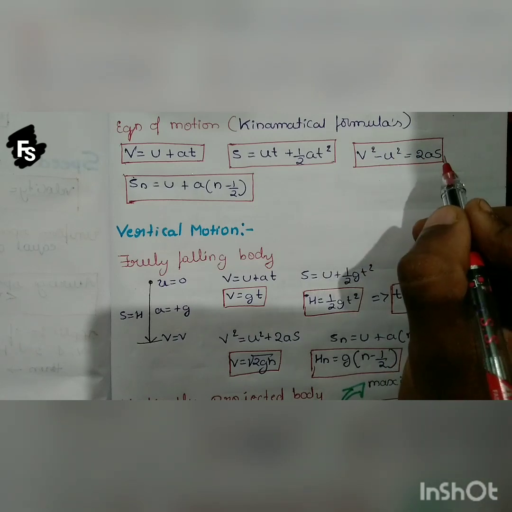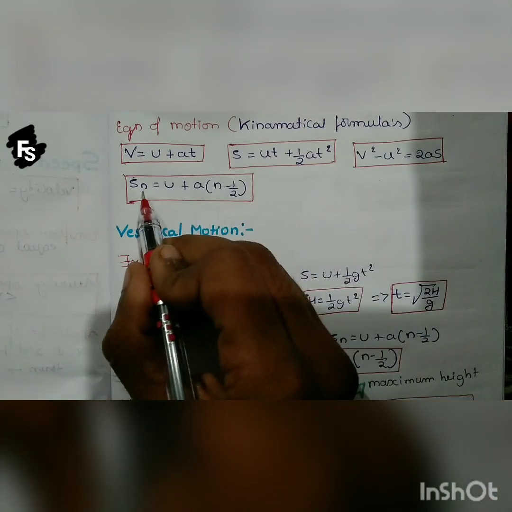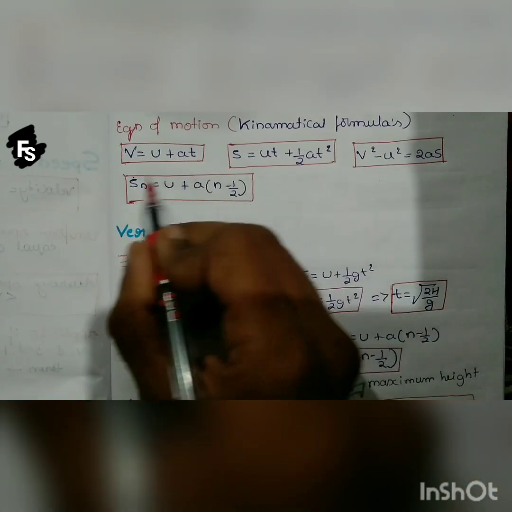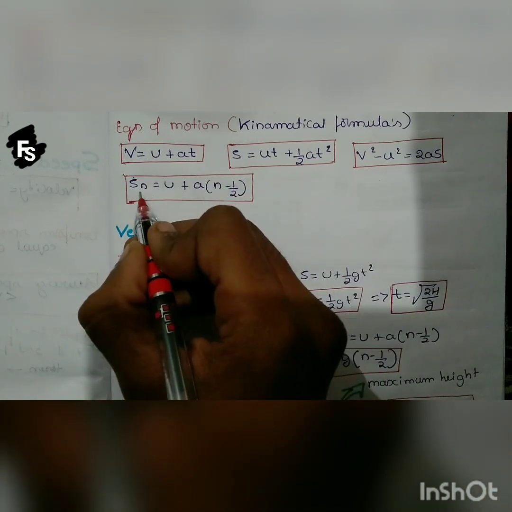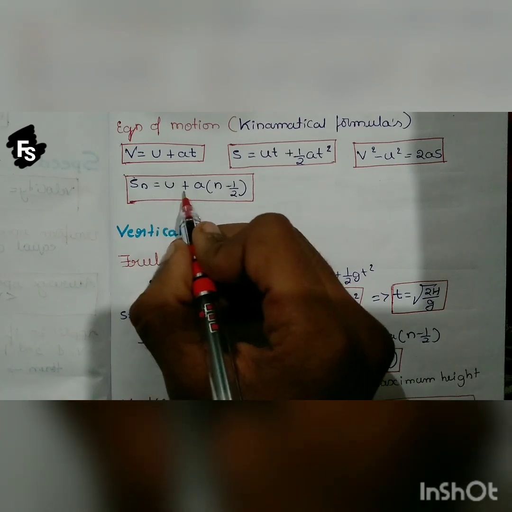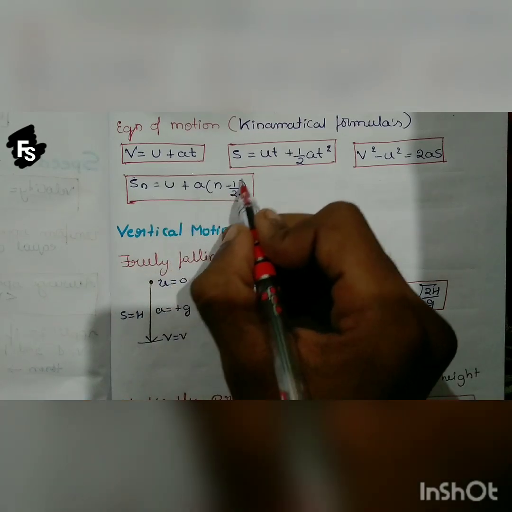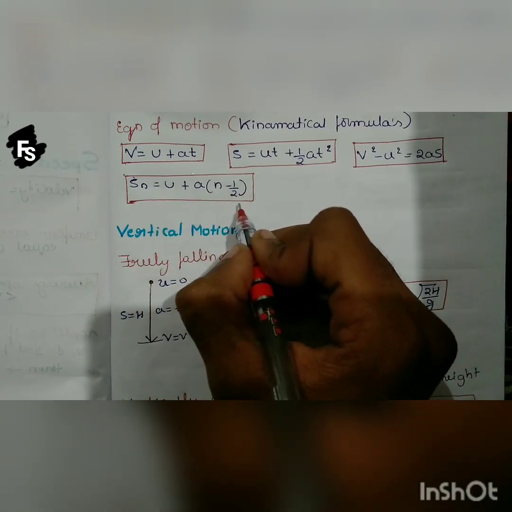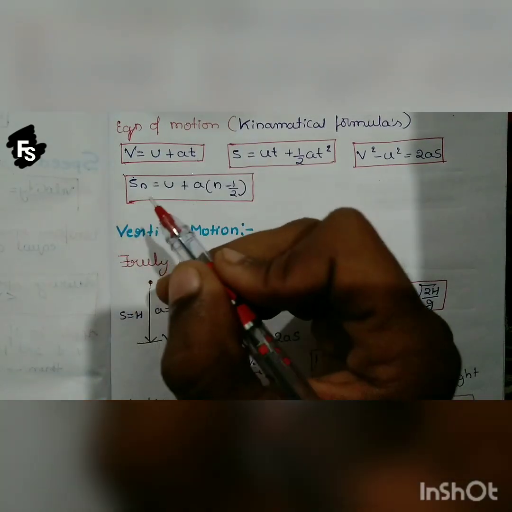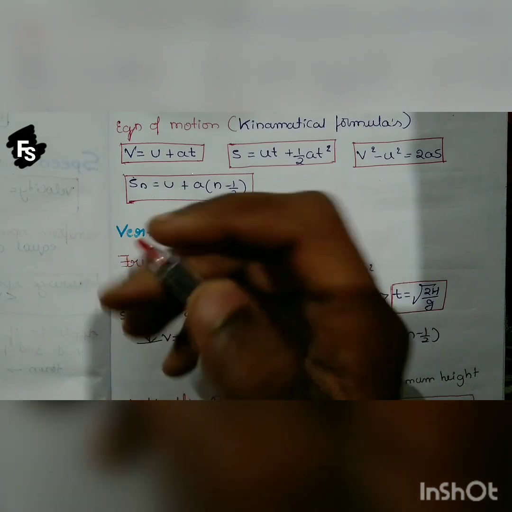Then move on to the next formula. The majority of problems are asked using this formula, we just have to learn it. Displacement at the nth second is equal to u plus a into (2n minus 1) by 2. By using all these formulas, we can find answers for all questions from motion in a straight line.